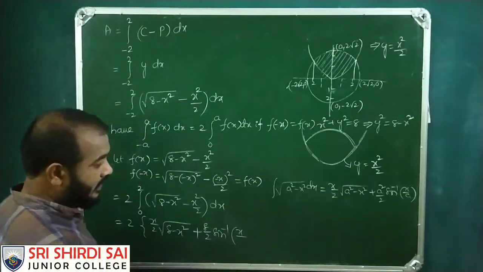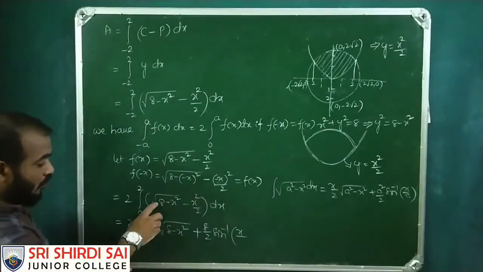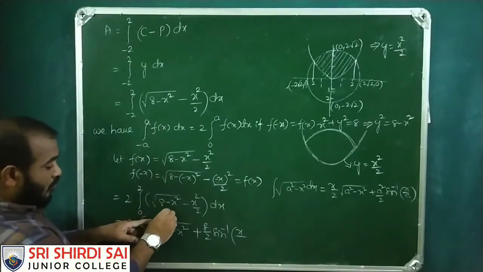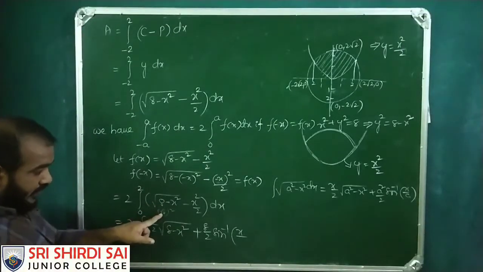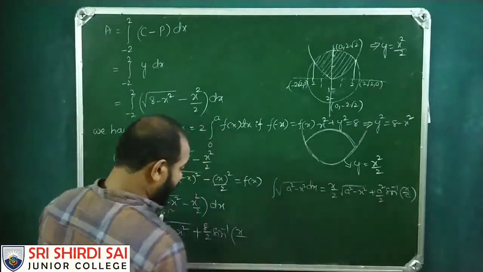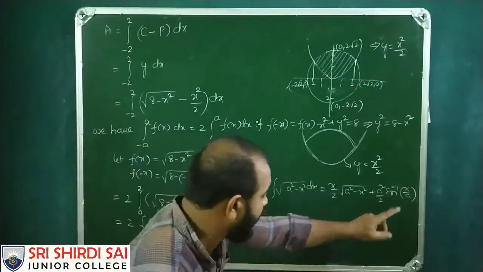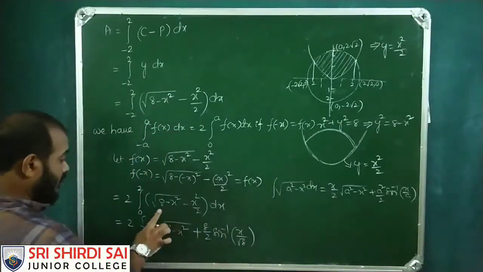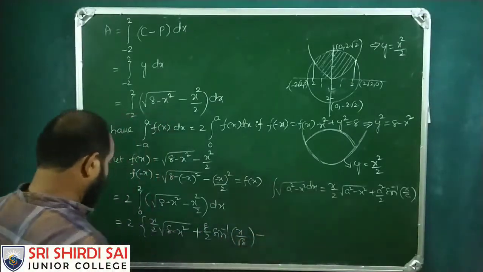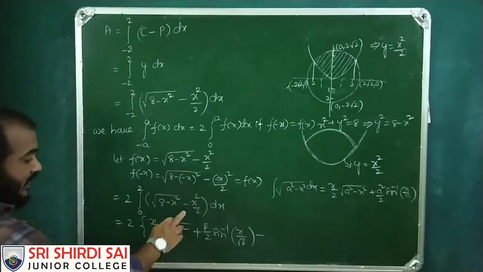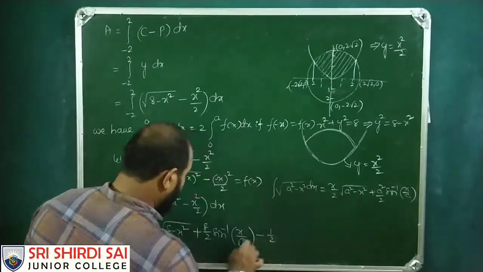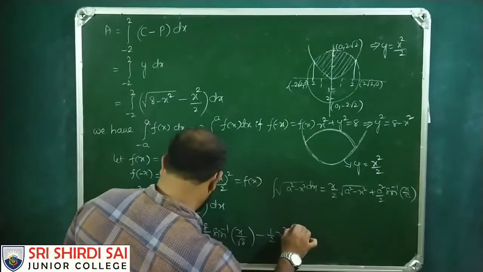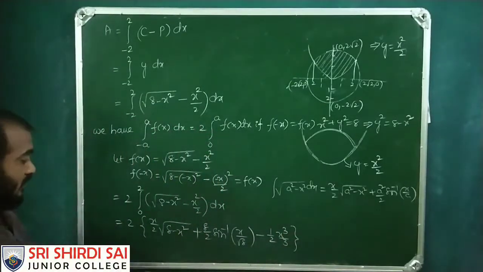Here a square is root 8 whole square, therefore a is root 8. Minus 1 by 2 times the integral of x square dx, which is x cube by 3. Therefore the total process of integration is over.